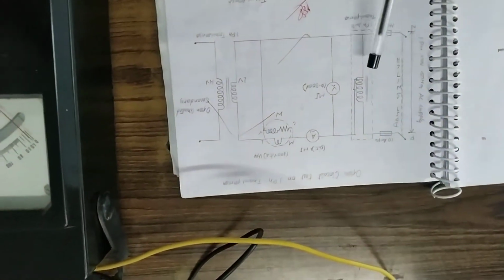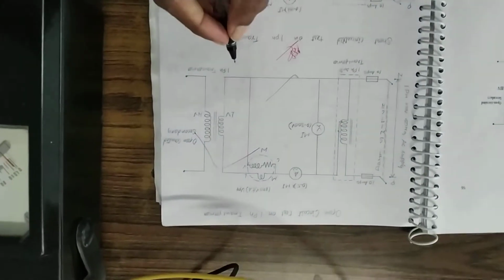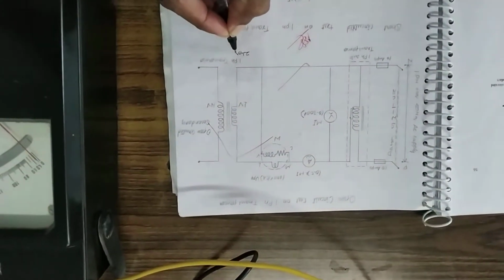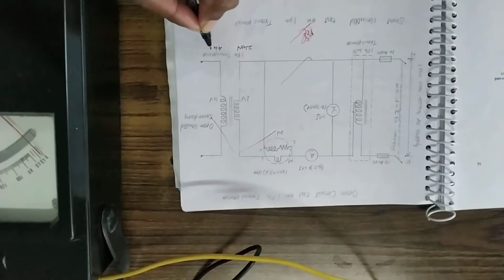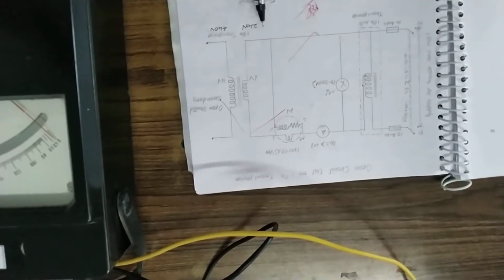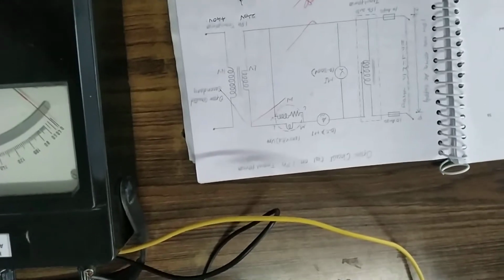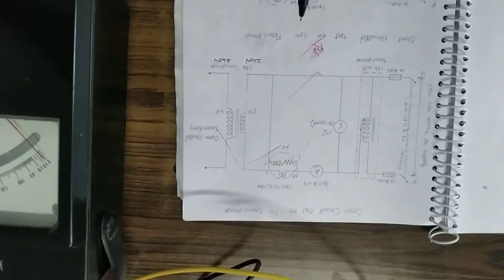As I already told you, the transformer has an input voltage of 240 volt on the LV side and an output voltage of 440 volt. Here we are taking 240, so we need to calculate the range only for 240 volt.